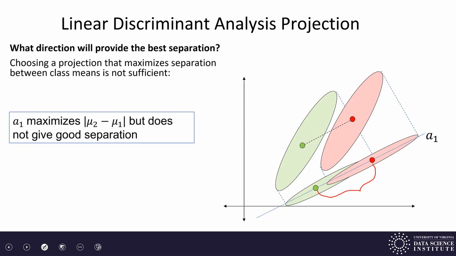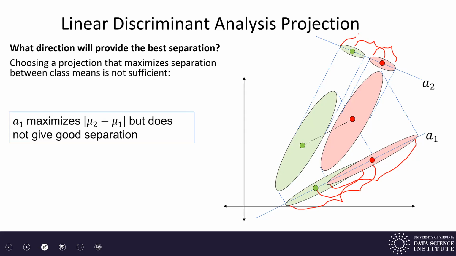So what I really want to do in linear discriminant analysis projection is project in a direction that maximizes this separation between means, but also minimizes the spread of the class, right? The way I projected these classes, they have a lot of spread or variance after the projection. So this new projection A2 still keeps pretty good separation between the means, but the variance or the spread of my classes here is minimized.